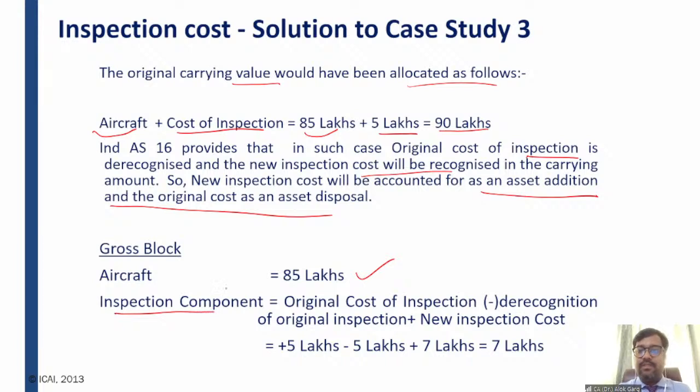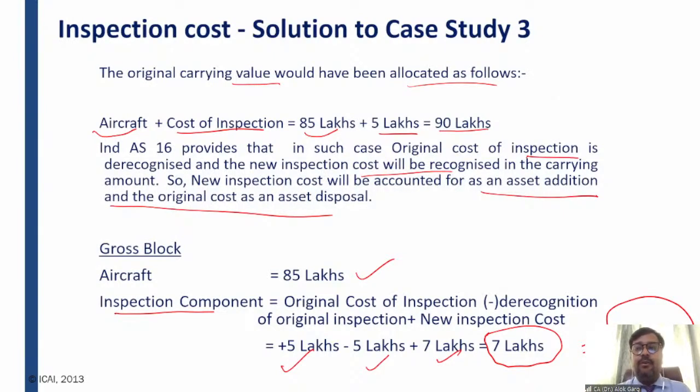But as far as the inspection component is concerned, what is the original cost of inspection? It was 5 lakh. So you need to de-recognize the 5 lakh rupees, and you need to recognize the 7 lakh rupees. So this 85 plus 7 is equal to 92 lakhs, which will be the revised gross block of this aircraft plus inspection. Is it clear to everyone?